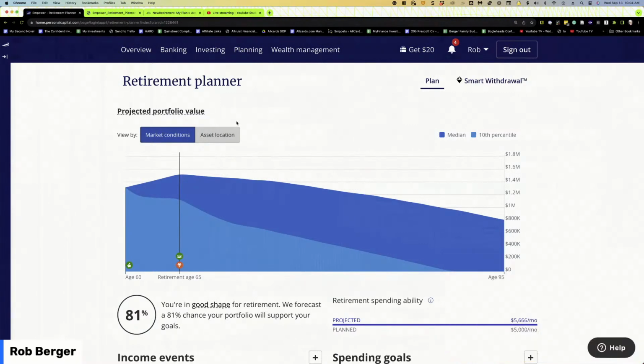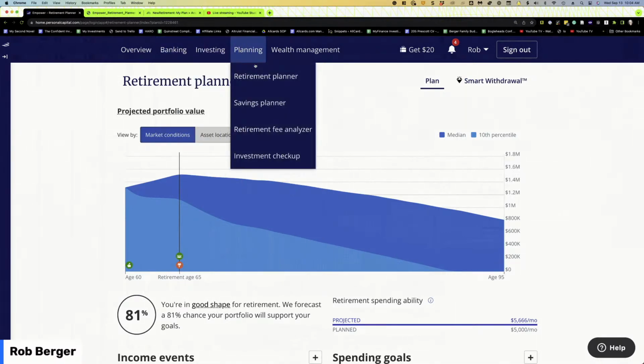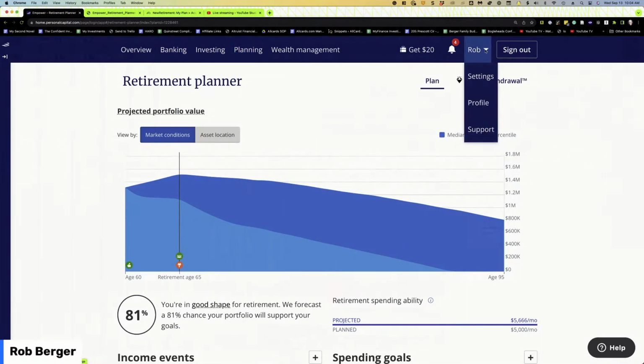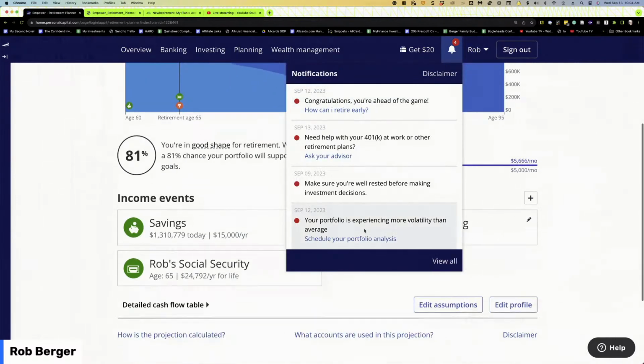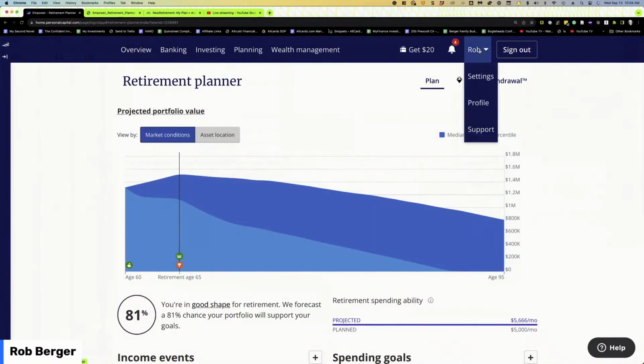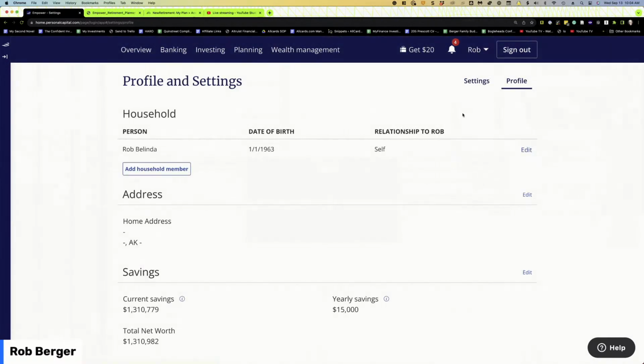And maybe I'll take me off the screen for now so you can see everything. This is the retirement planner. You get to it by going to planner and then retirement planner. One thing, and this is all, by the way, hypothetical data. You'll see the name Rob, but this is not my data. But before we actually get to the retirement planner, we should look at profile.